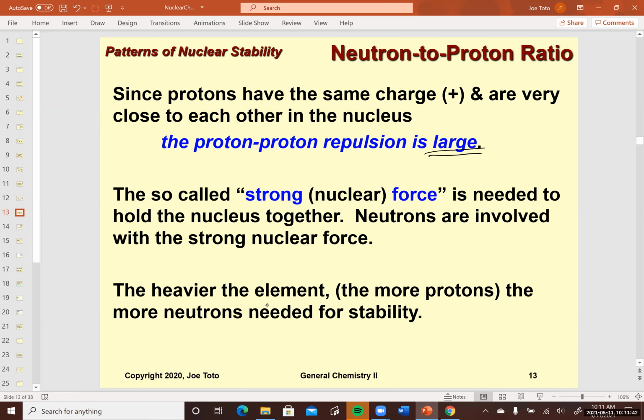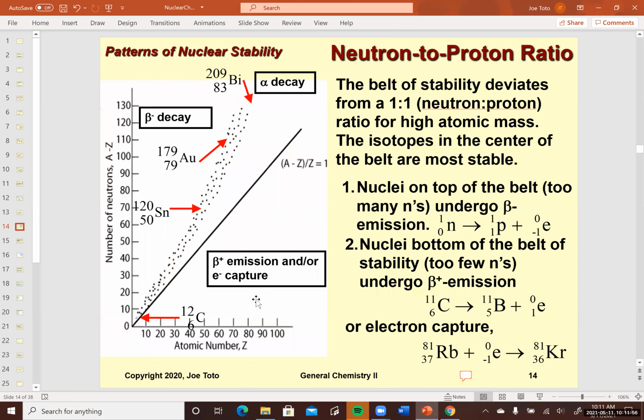So that leads to a discussion of how many neutrons you need to hold together so many protons. And that leads to this next slide where we have a plot of different atoms, more specifically the number of neutrons in the atom versus the number of protons. So we have neutrons versus protons.